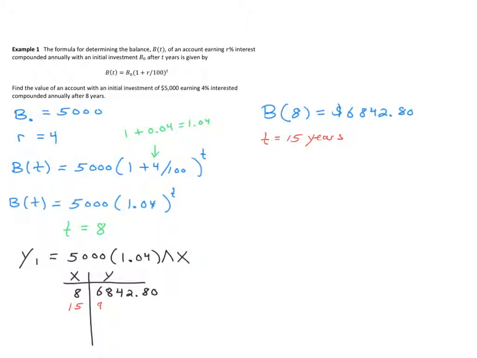Here we get $9,004.70. So that's the balance of this account after a total of 15 years. That's not really growing very fast for such a long period of time. In fact, it hasn't even doubled in value over 15 years.